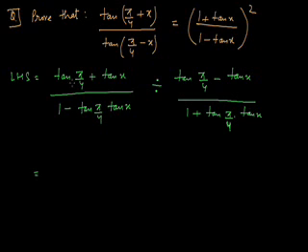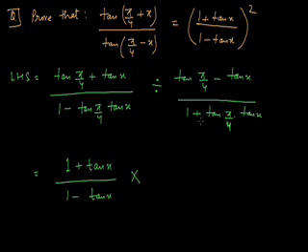Tan pi by 4 equals 1. So it will become 1 plus tan x upon 1 minus tan x. Replace this divide sign by multiply sign, so you have to take the reciprocal of this term. So it will become 1 plus tan x.